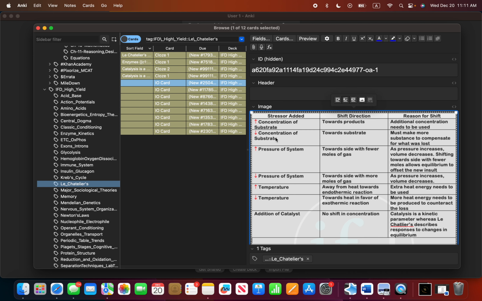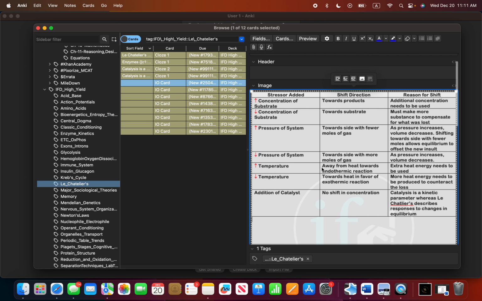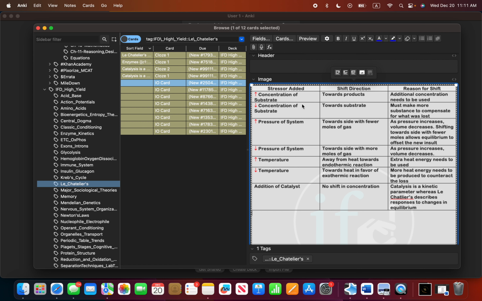We have an image here. So you increase the concentration of substrate, the direction shifts towards products, and the reason for the shift is additional concentration that needs to be used, right?